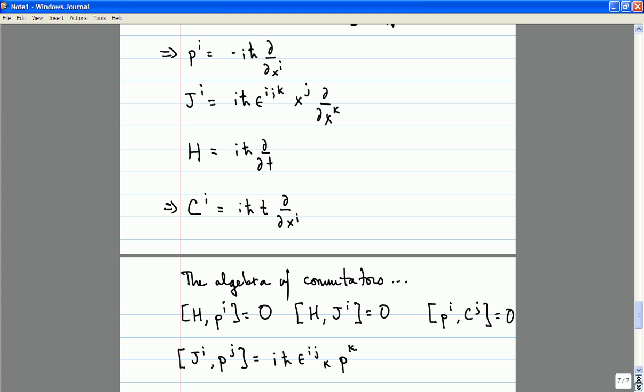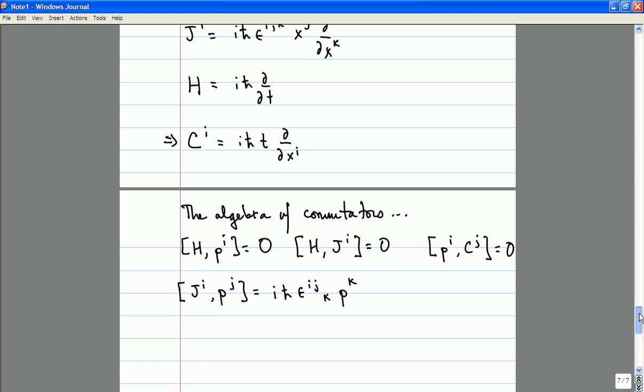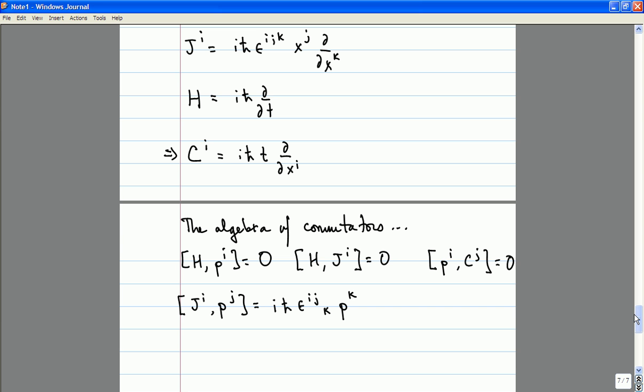So that's just the statement that if you take a vector p and you rotate it, then infinitesimally under the rotation, it picks up something linear in p. That's given by the right-hand side of this equation. And likewise, these C's also form a vector, and so they have a very similar algebra, epsilon_ijk times c_k.